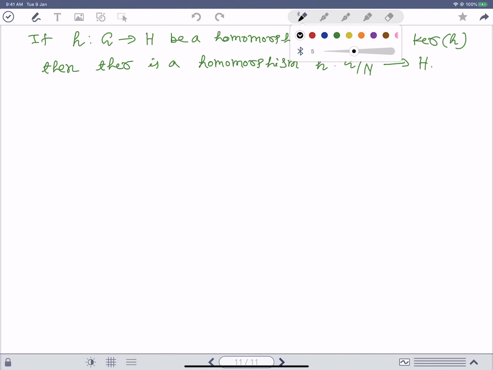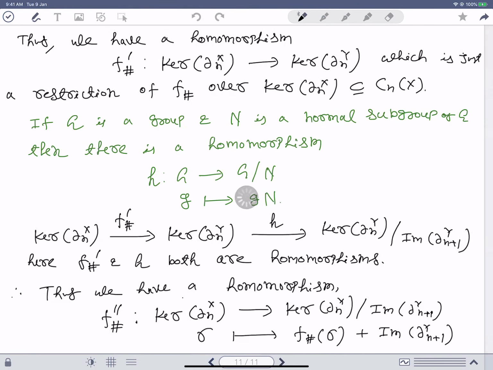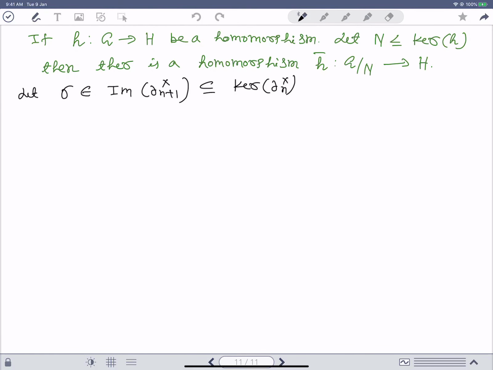So first of all, let sigma belong to image of del n plus 1 x, and obviously this is a subset of kernel of del n x, right? That means it is in the domain. Now we prove that this is a subgroup of kernel of f hat double dash.